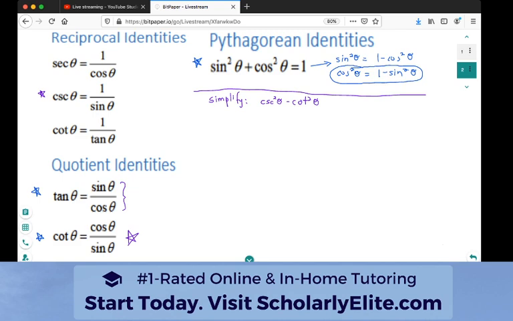One thing I also want to mention, you're going to see all sorts of different versions of the letter that is here. You might see theta, you might see alpha. I've even seen beta on some rare occasions. I'm not a fan of using alpha and beta, to be honest with you. Theta is technically the most correct one to use. Some teachers also use X. I used to use X. I don't know when I switched over to using theta exclusively, but it is the most correct one mathematically, so I think that's important for us to stick to.